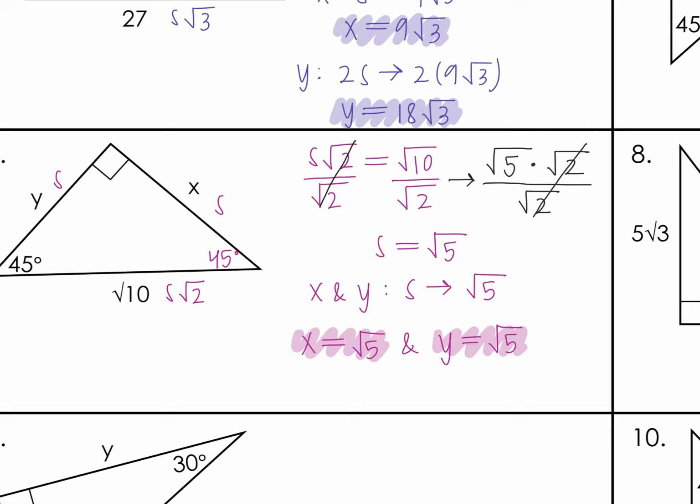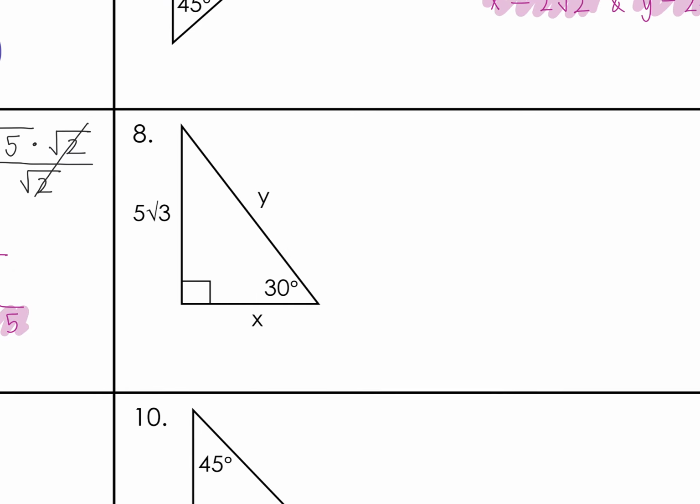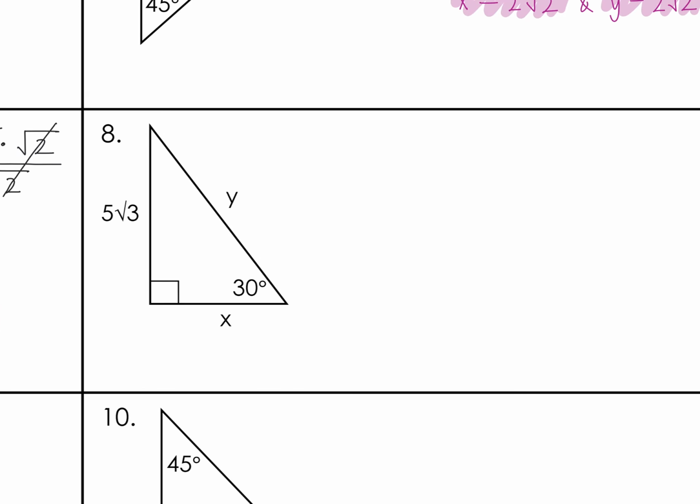Okay, moving into number 8 here, we have that 30-degree angle. So we are going to be dealing with a 30, 60, 90 triangle. And so I can label my sides as s, s root 3, and 2s. Okay, so in this one, we do know that my s is now going to be equal to that 5 root 3.